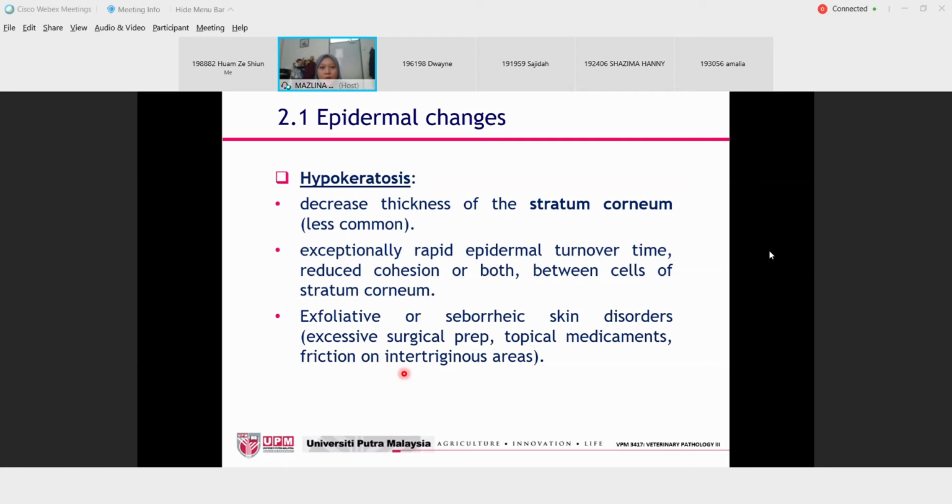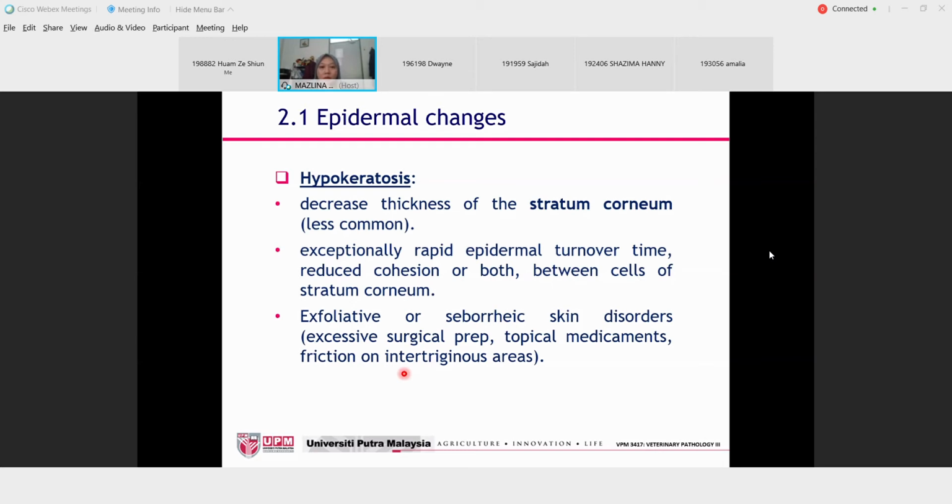The reason could be there is an exceptionally rapid epidermal turnover time, or maybe because of reduced cohesion between cells of the stratum corneum, or both of these factors. Remember that from the stratum basale, the cells will be produced and then travel upward until they reach the stratum corneum. Usually it takes about 21 to 30 days. But in this case, there is very rapid turnover time, usually less than that, maybe 2 weeks.